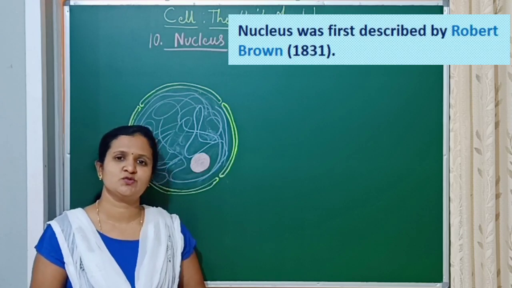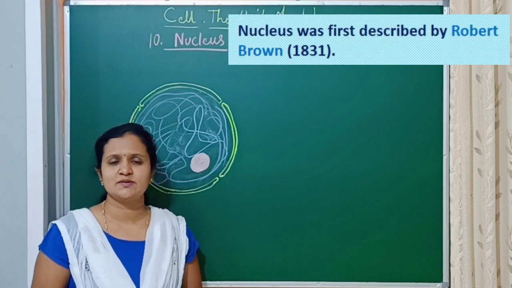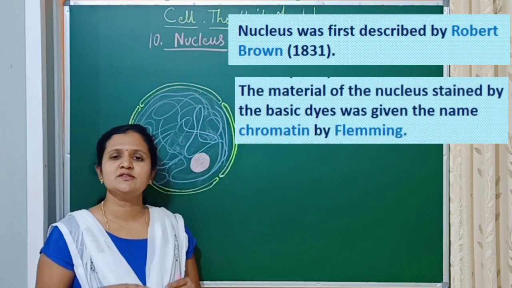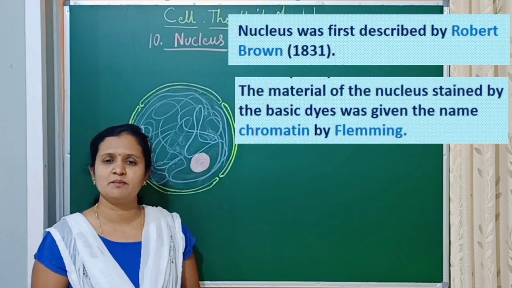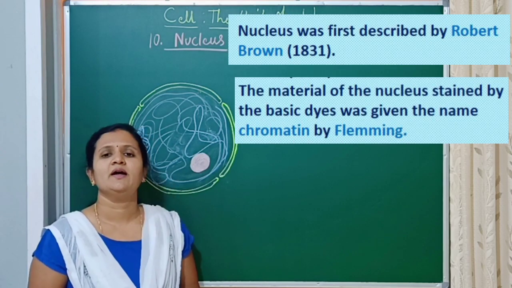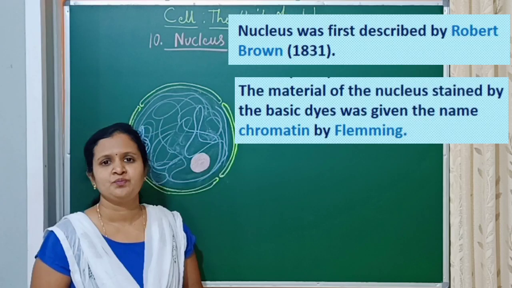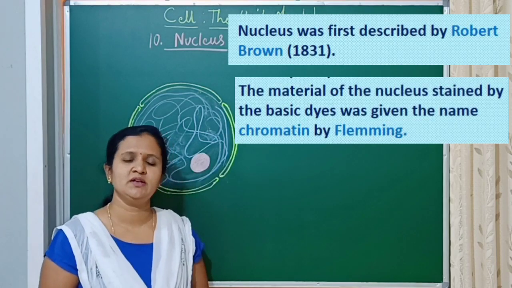Later, Fleming stained the nucleus with basic dyes and called that stained portion chromatin.